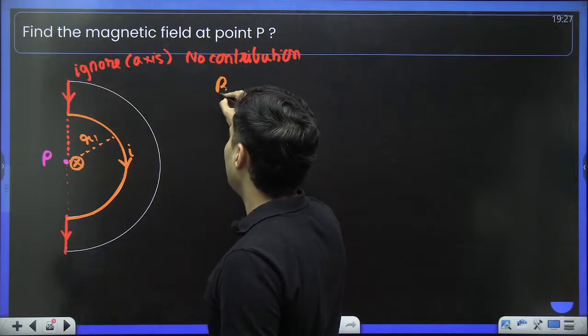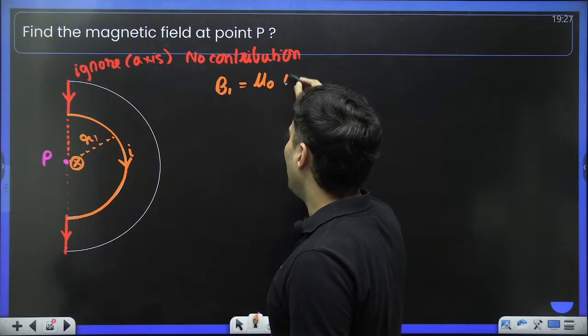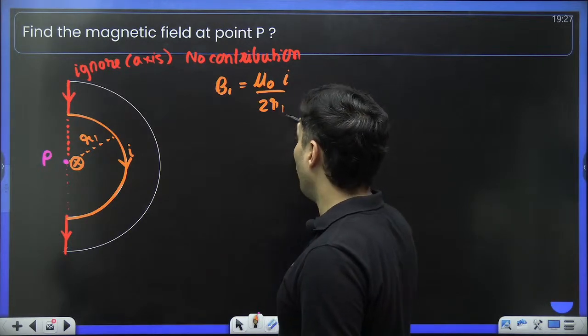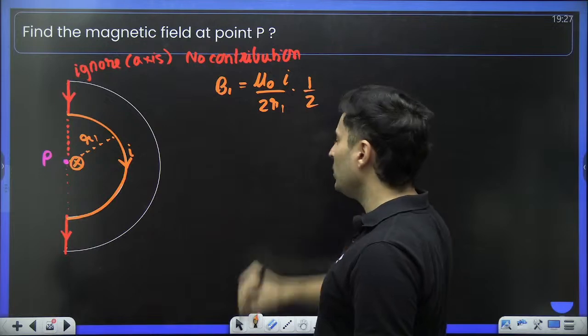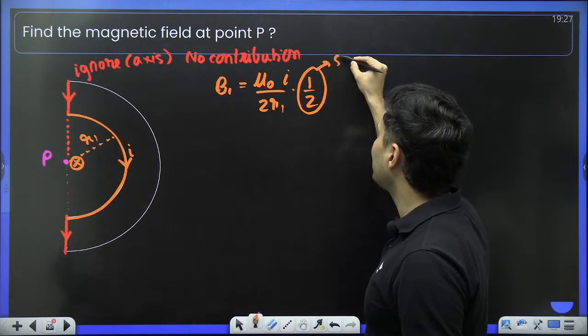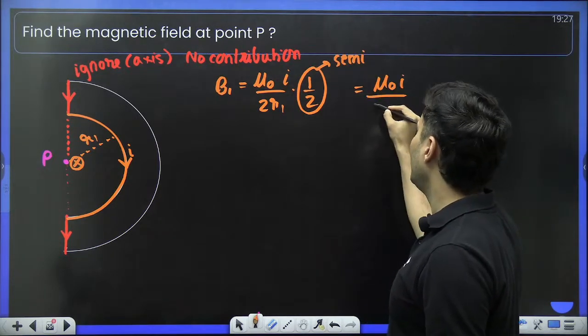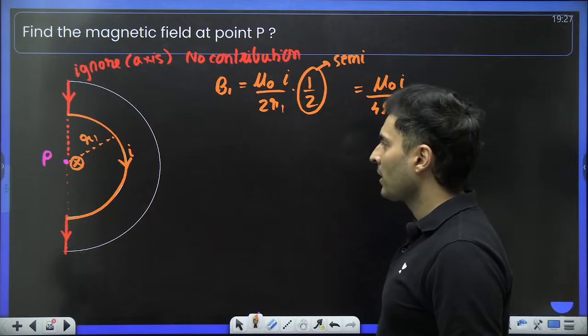So the magnetic field due to the first part, the first arc, will be mu naught I by 2R1 into half. Why into half? Because it's a semicircle. This half is only because it is a semicircle. That means it will be mu naught I divided by 4R1.